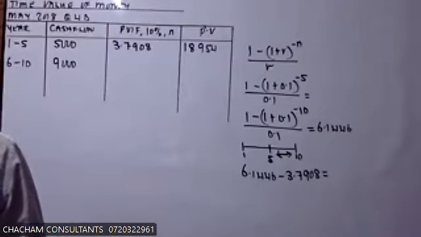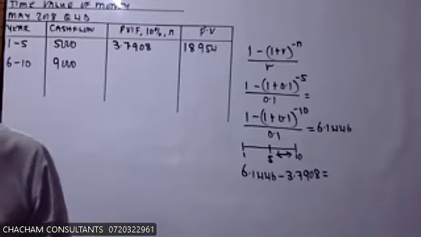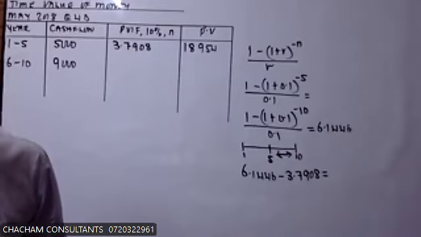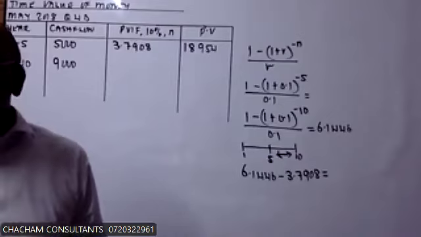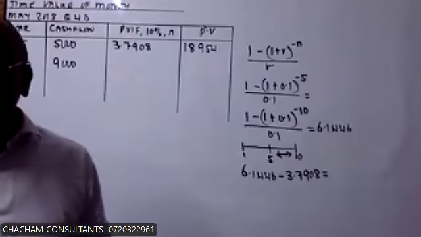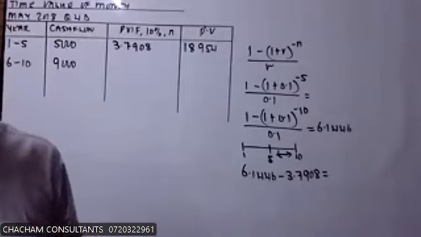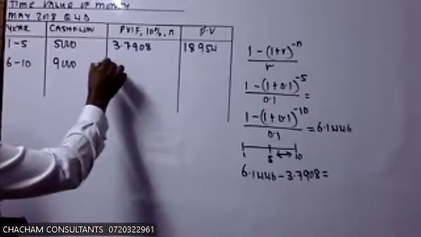So when you less, tell me what you're getting. 2.3538.